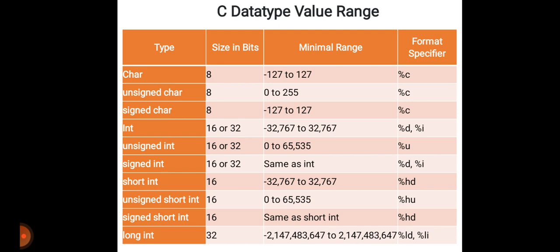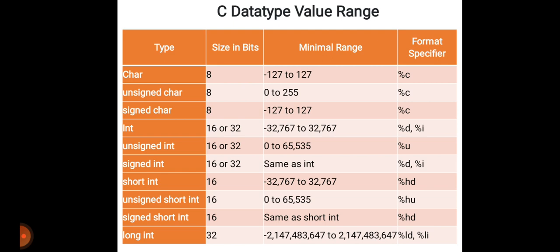The range for this is 0 to 65,535, and the format specifier for unsigned integer is %u. Then for signed integer, the size is 16 or 32 bits, same as integer, minus 32,767 to positive 32,767, and the format specifier is %d and %i.